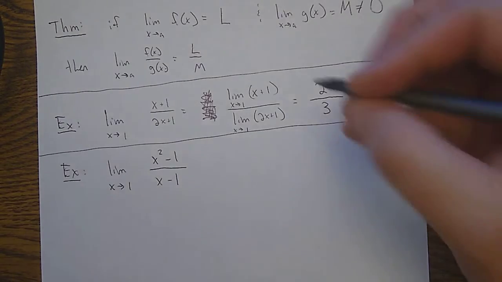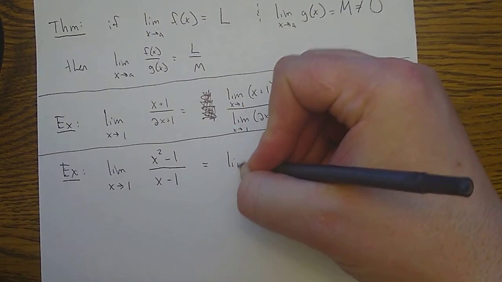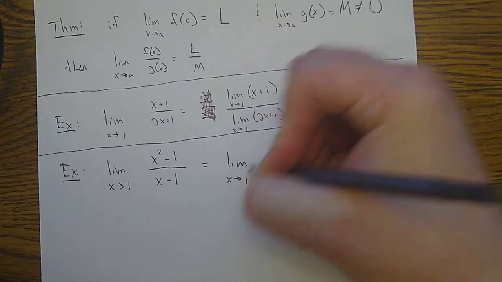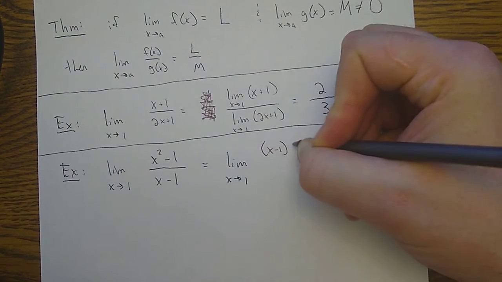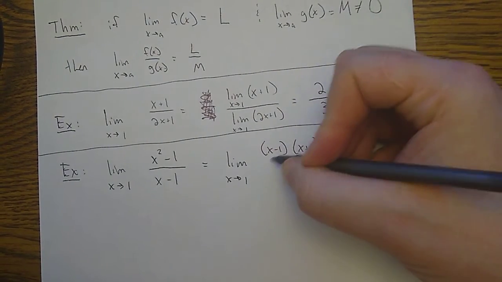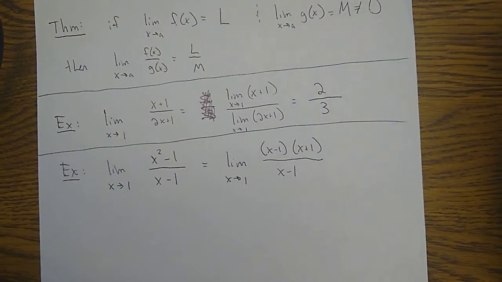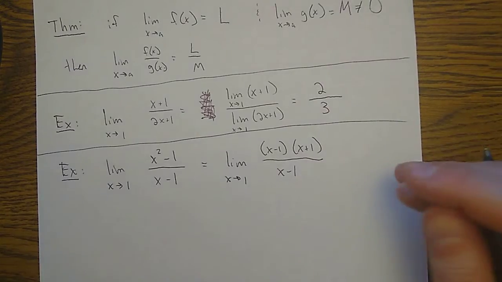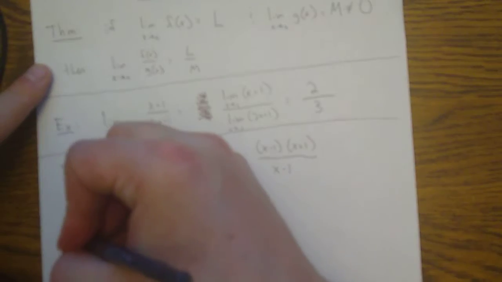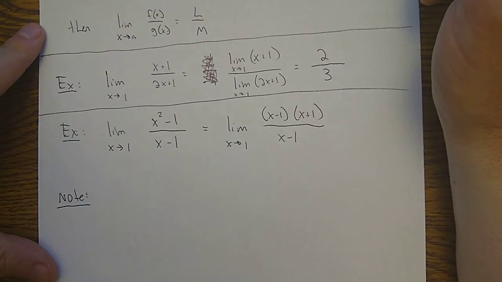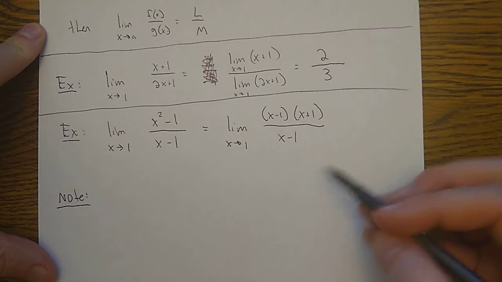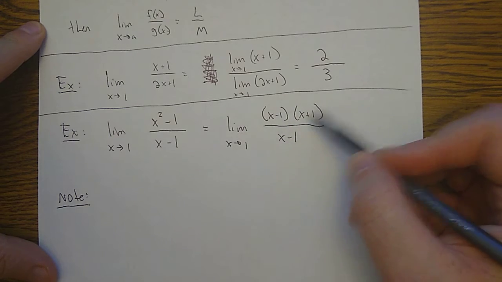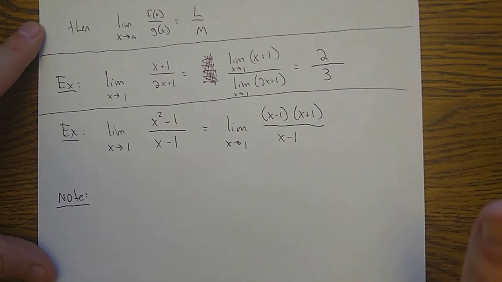I'm going to factor, so I get this, and now I want to say something technical, and of course we all know what's going to happen. I'm just going to cross these off and I'm just going to get x plus 1. But let me say something technical about why I'm allowed to do that.